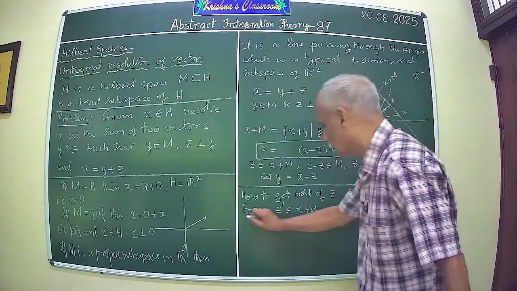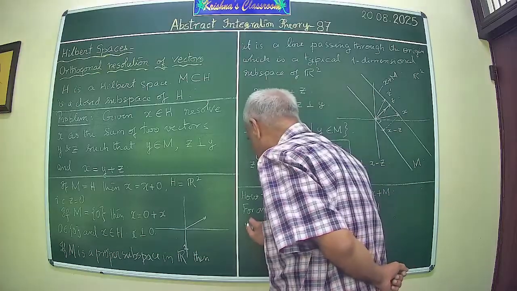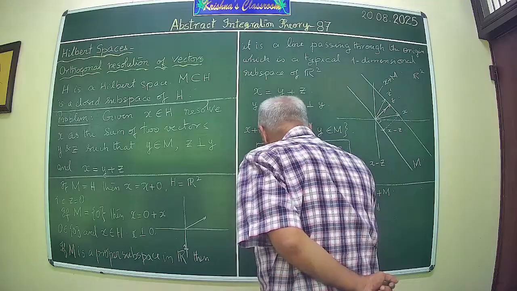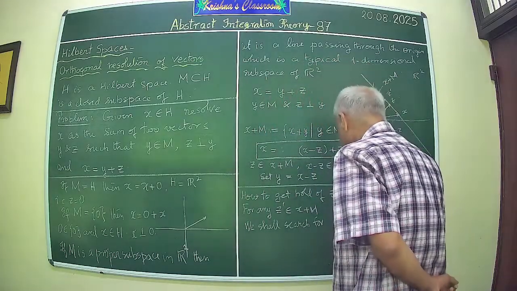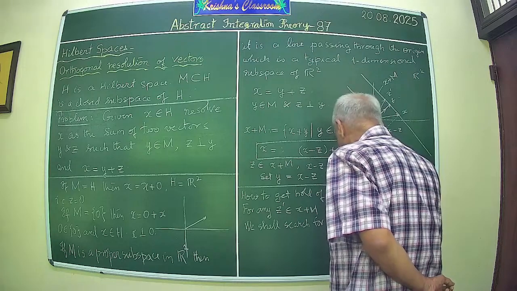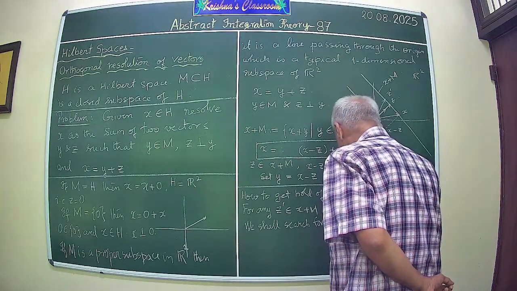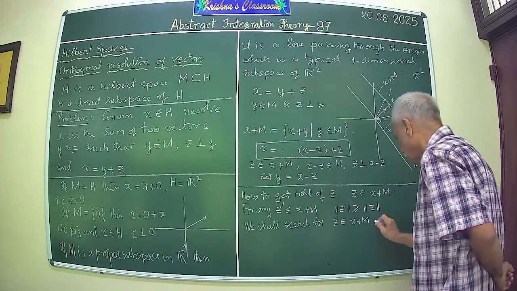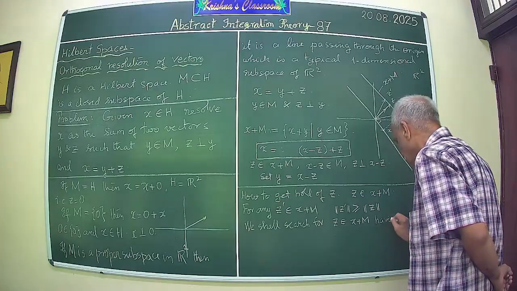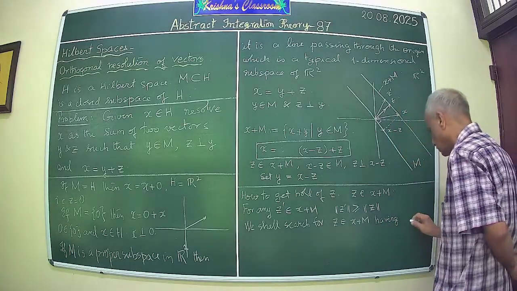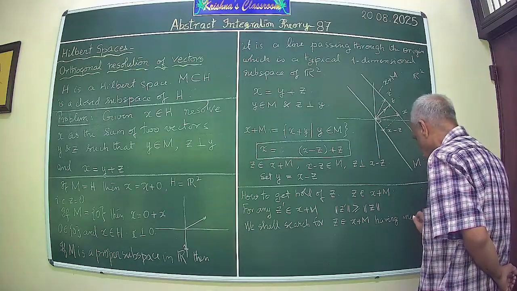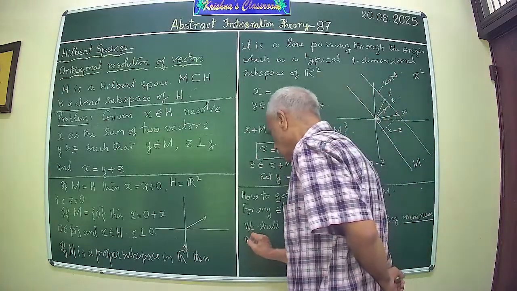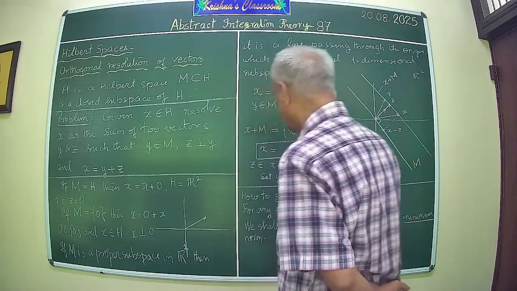So this is what we want: a vector in x plus M having minimum norm.